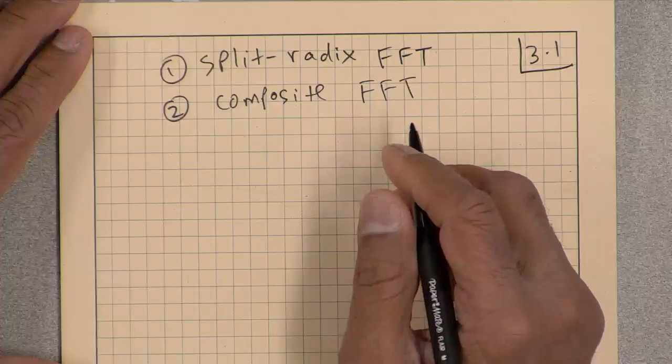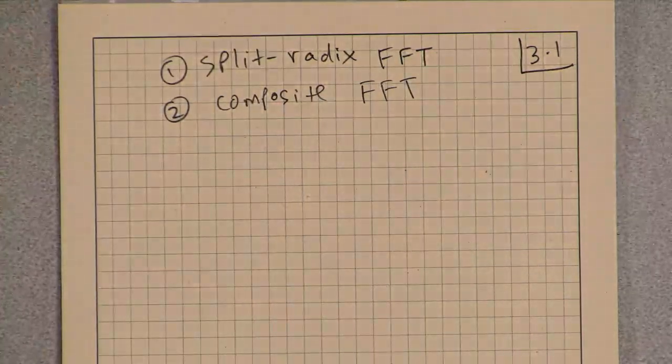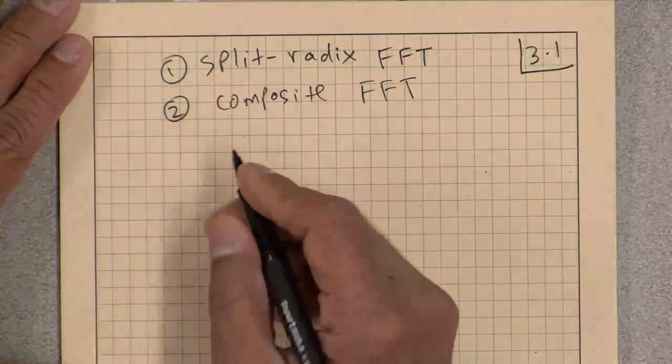Okay, so we looked at the Cooley-Tukey FFT and we saw the decimation in time and decimation in frequency. So let's start with split radix FFT.